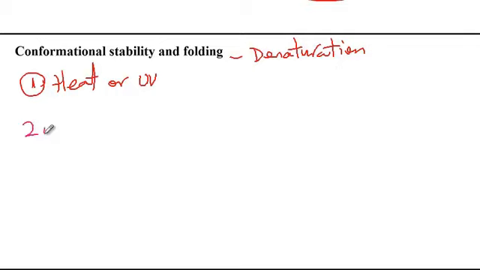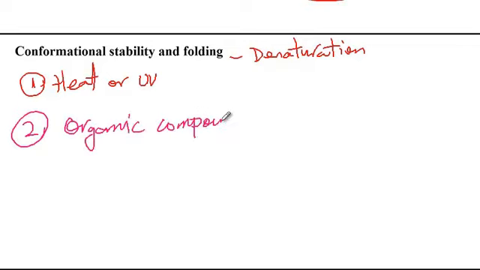Number two, we can have organic compounds, like for instance ethyl alcohol, which is involved in intermolecular hydrogen bonding. So there will be intermolecular hydrogen bonding that will disrupt the intramolecular hydrogen bonding.